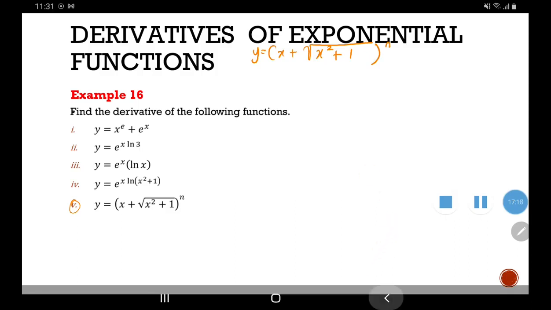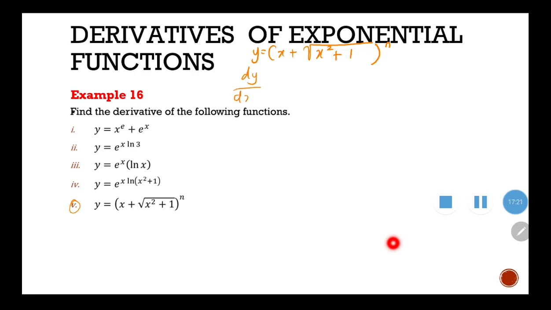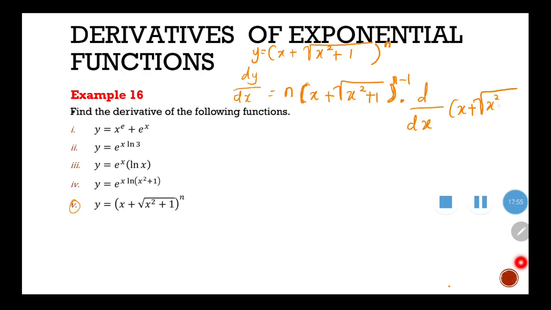So the dy/dx for this, just treat n like any number. So n is brought to the front, and x plus the square root of x square plus 1 to the power of n minus 1. Don't forget the d/dx of whatever function is in the bracket. Chain rule, guys. So this should be x plus the square root of x square plus 1.